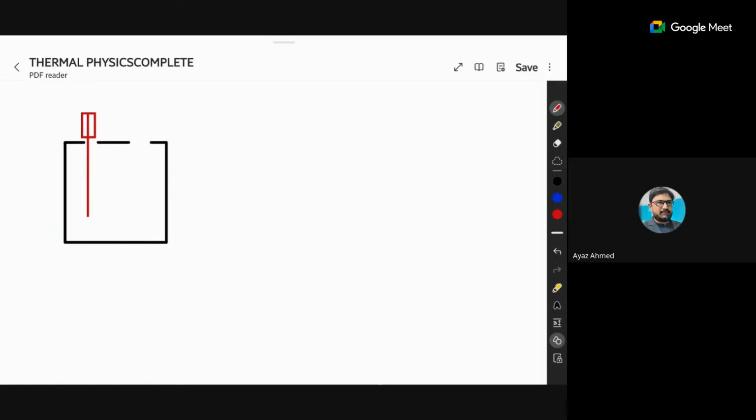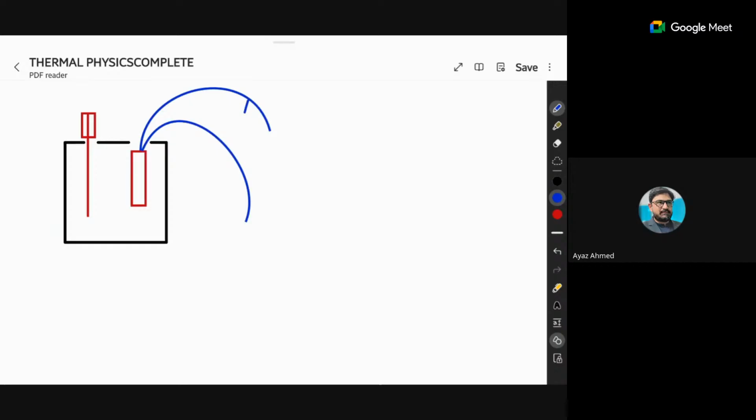Here is a heater, right? Here is a heater which is submerged in this block. Basically, that block contains some material. That is why I will connect this heater with the help of a power supply.